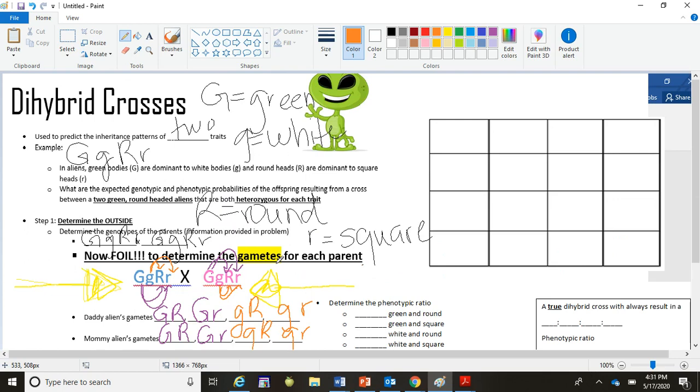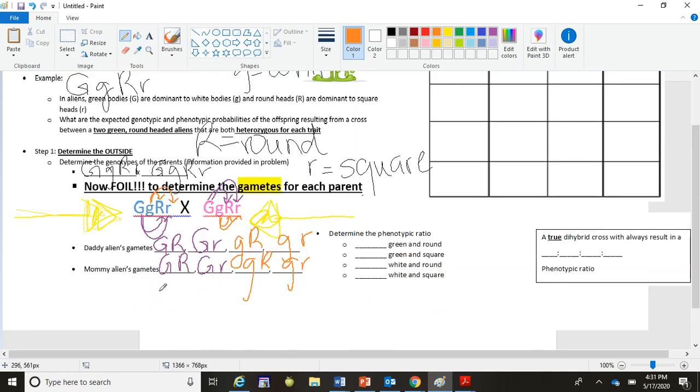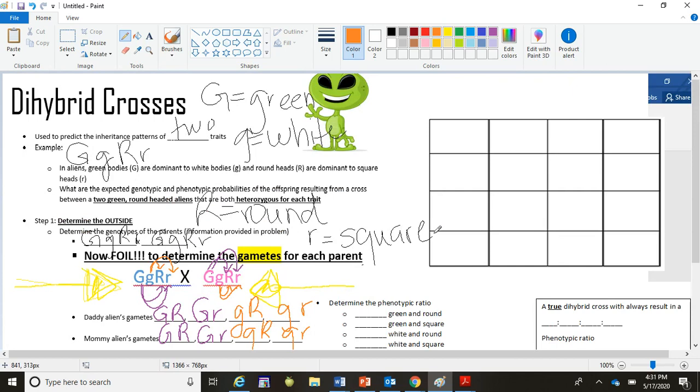Now we can take these gametes and put them on the outside of our Punnett square, and then combine them to see what different combinations the offspring could inherit. When you combine them, you're going to have 4 letters in each box.